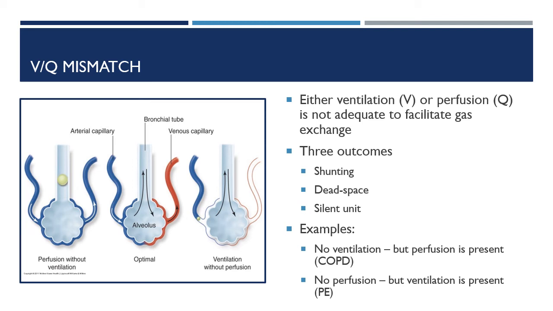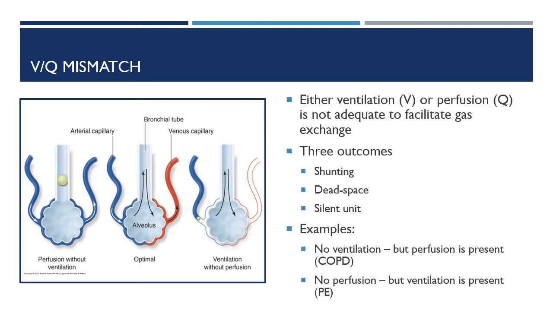That would be perfusion without ventilation, and we would call that shunting, meaning the blood going from the right side of the heart to the left side of the heart in that part of the lung is not being actively involved in gas exchange.